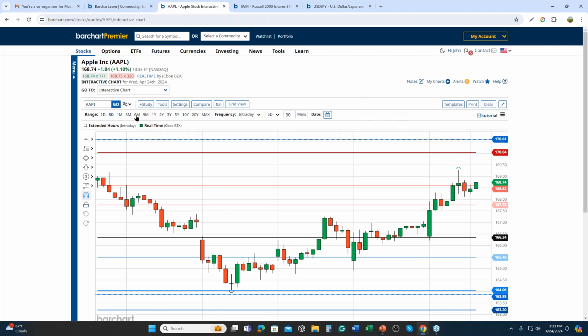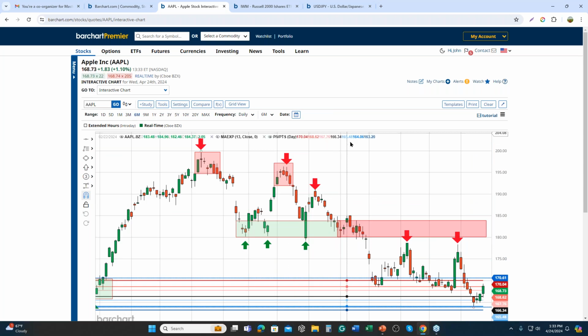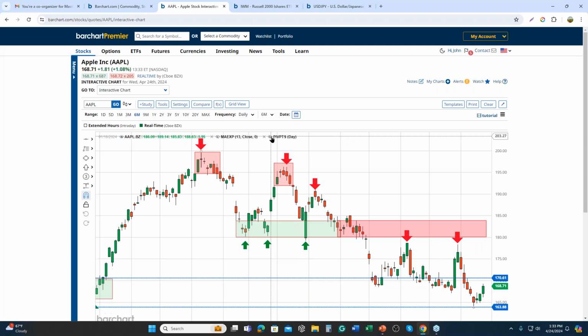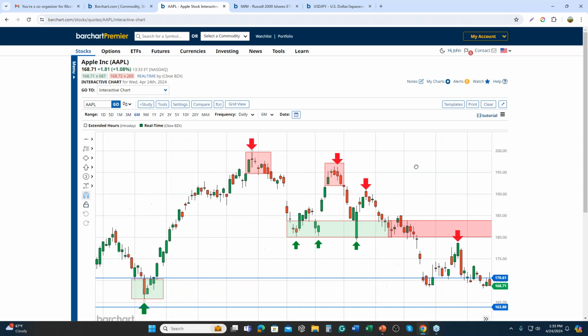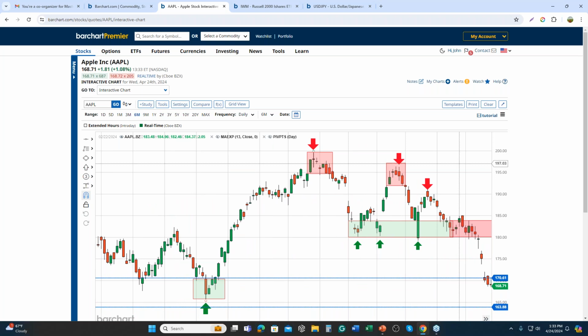So what I'm going to do here is go back to my daily time frame, and for the moment I'm going to close my eye on my pivots. So let's talk about strategy here now. I've decided that I have a level of support that I want to buy Apple for, say, and there are 3 types of entries that I can use.